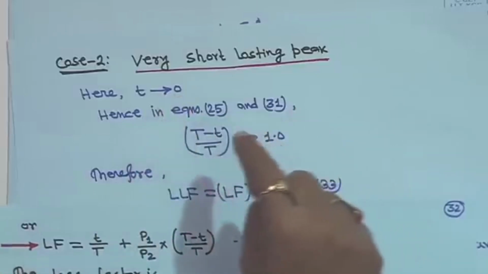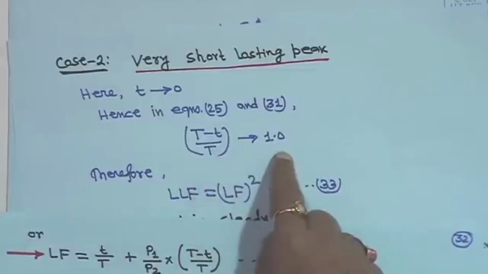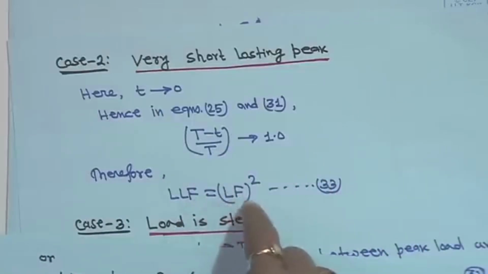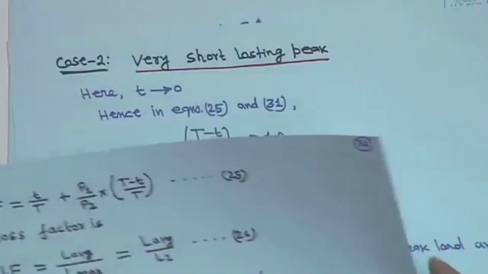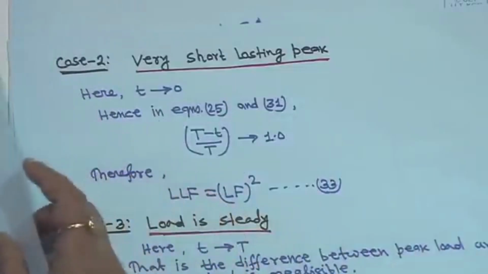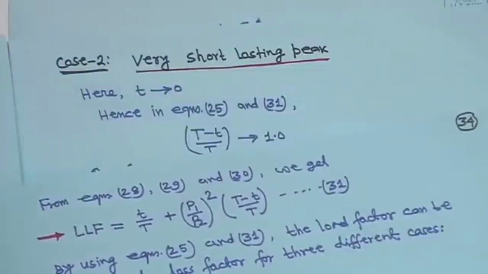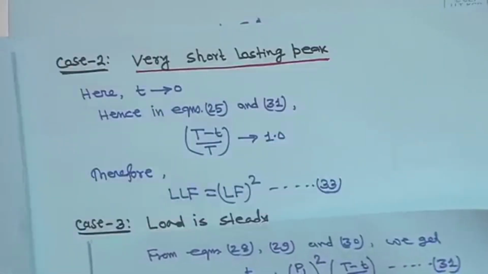Hence, in equation 25, (T minus small t) divided by capital T tends to 1. Therefore, we can get the loss factor from equations 25 and 31. Come to equation 31, this one, when small t tends to 0.